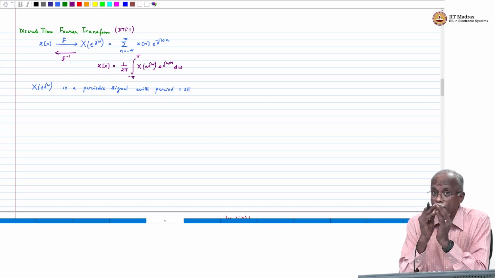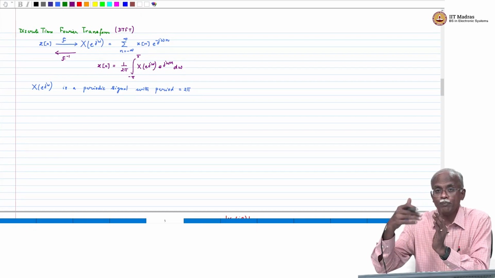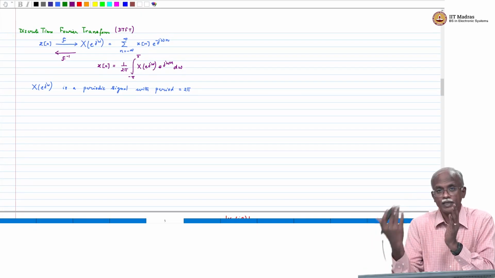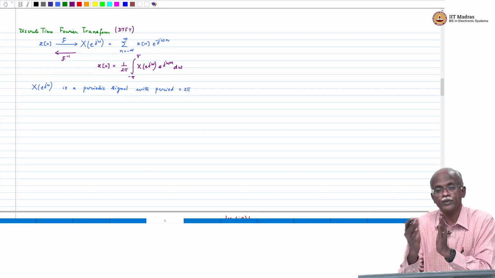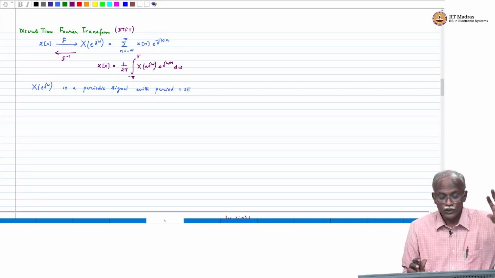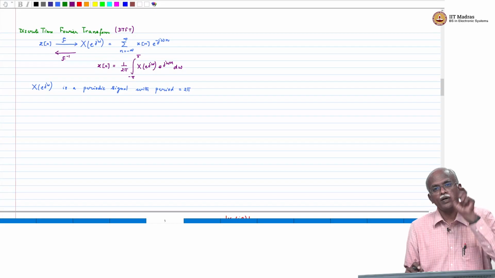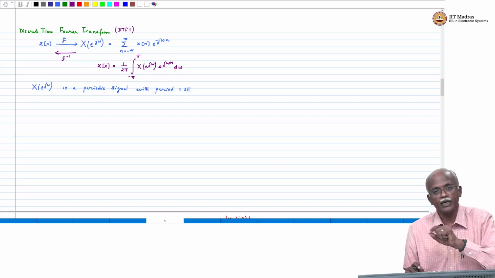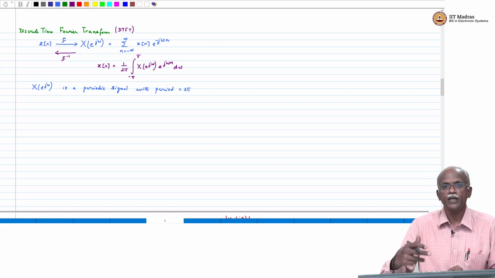Now we know that if you replace ω with ω plus 2π, everything will repeat, because in discrete time frequency there is an inherent periodicity with multiples of 2π. So the discrete time Fourier transform of any discrete time sequence will be a periodic signal, and its period will be equal to 2π, and that property will come into play even in today's discussion.